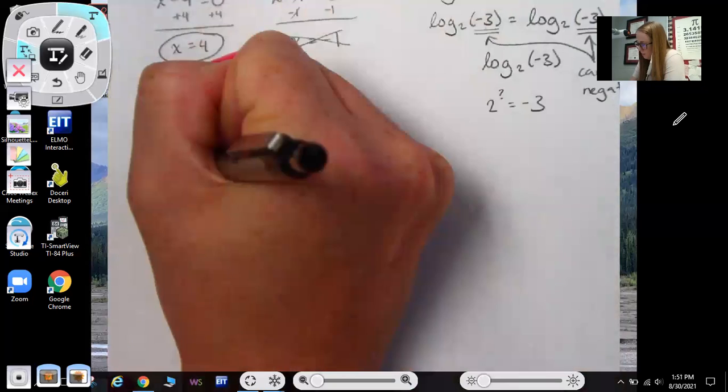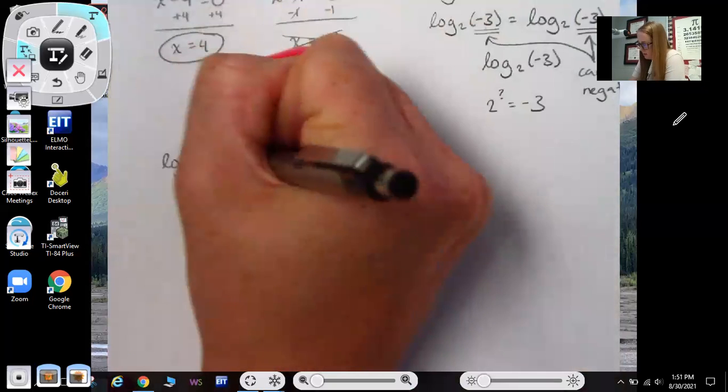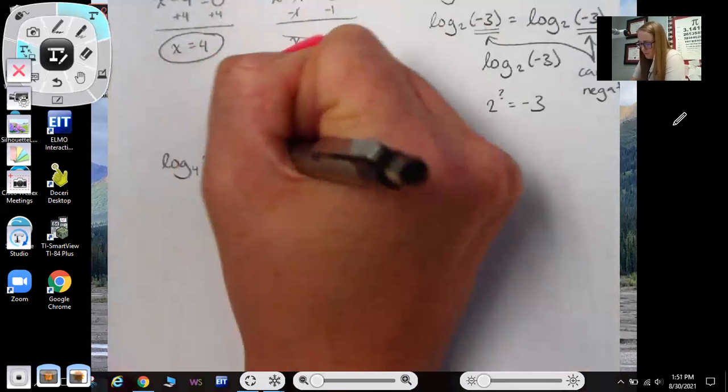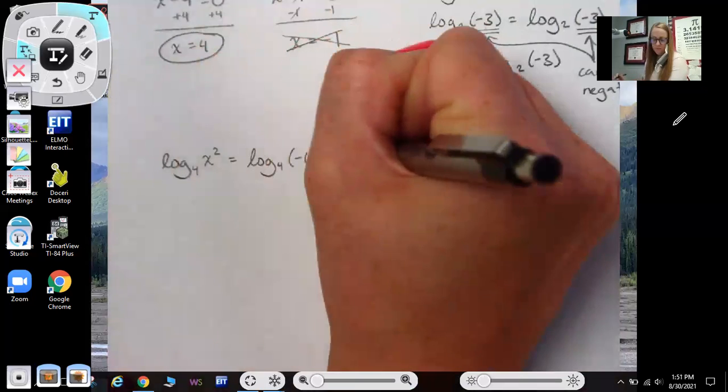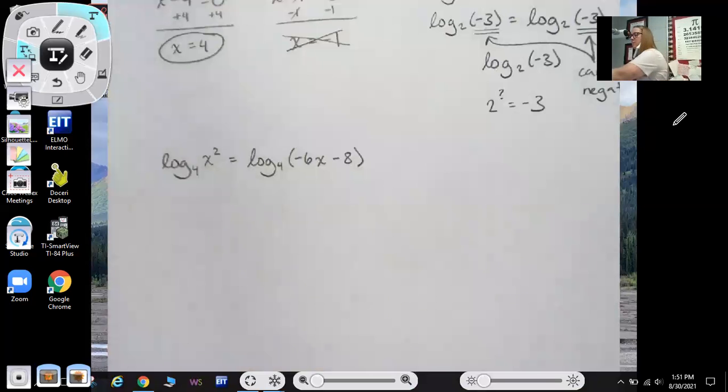Log base 4 of x squared equals log base 4 of negative 6x minus 8. Okay, so we have two logarithms set equal to each other.